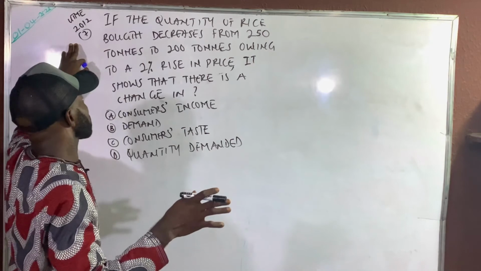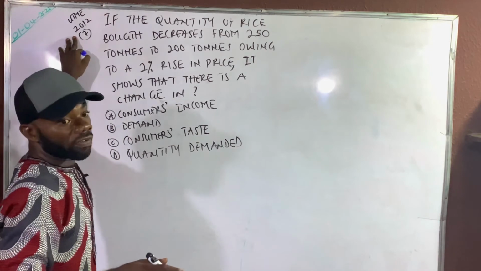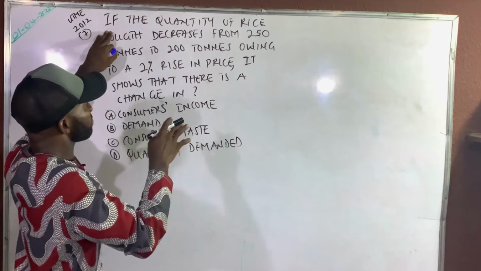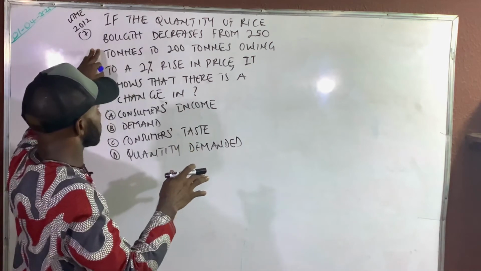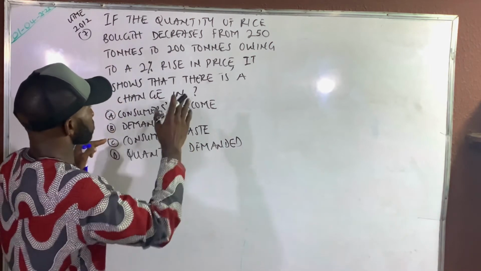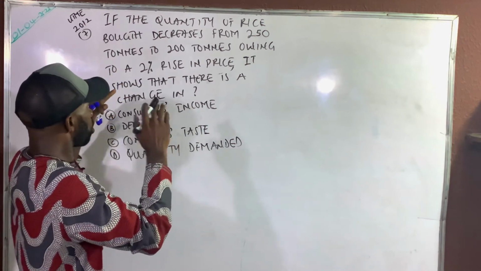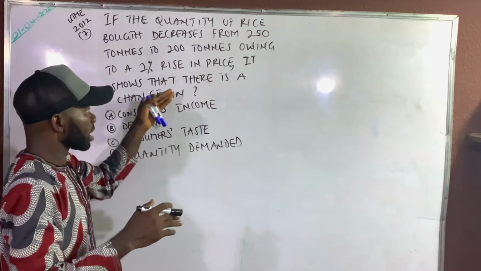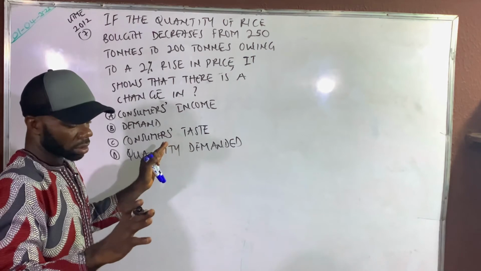Now looking at a question from UTME 2012, question 7, where we have a question that says, if the quantity of rice bought decreases from 250 tons to 200 tons, owing to a 2% rise in price, it shows that there is a change in what?